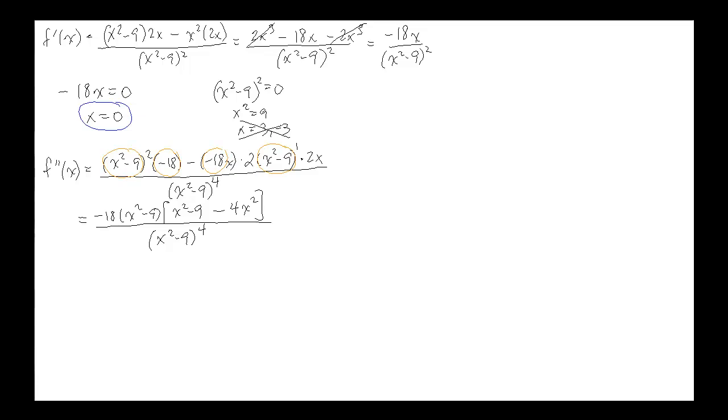Now I can go ahead and cancel one of those factors. This is equal to negative 18 times, let's see, I got x squared minus 4x squared. That's negative 3x squared minus 9, all over x squared minus 9 cubed.